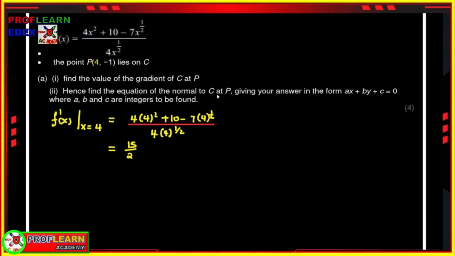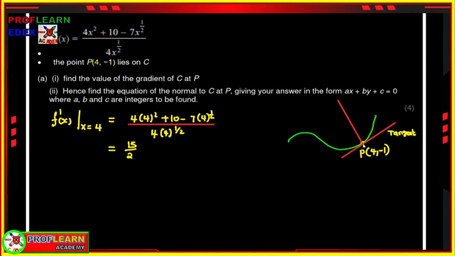In part 2, hence find the equation of the normal. Remember, a normal forms a right angle with the tangent, which means that we need to use m1 times m2 in order to get the gradient of the normal. If you have a curve at P whose coordinate is (4, -1), then this tangent will have the same gradient that we have obtained here, which is 15 over 2.